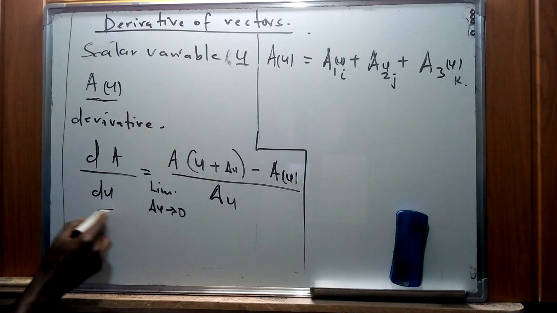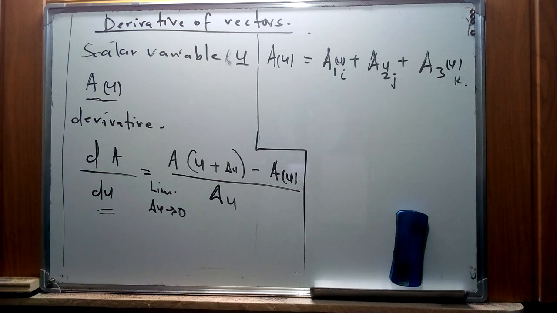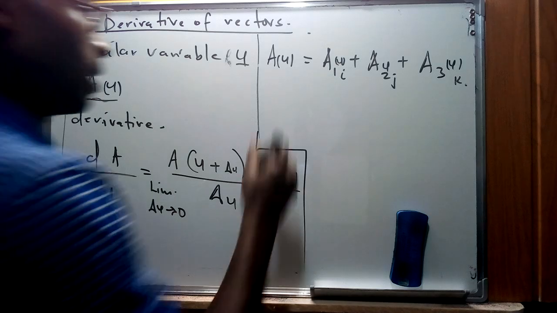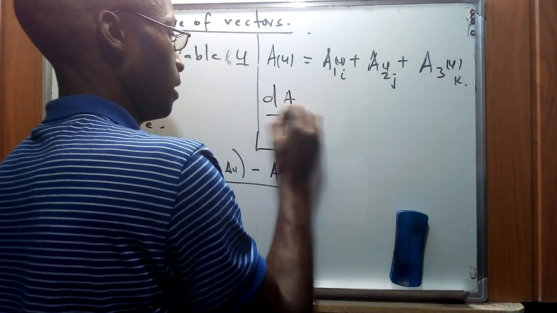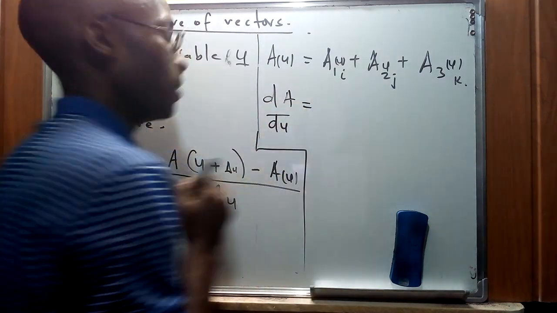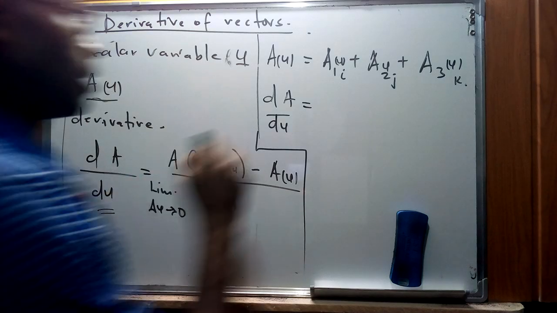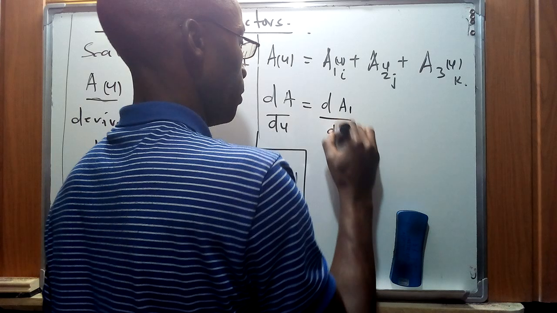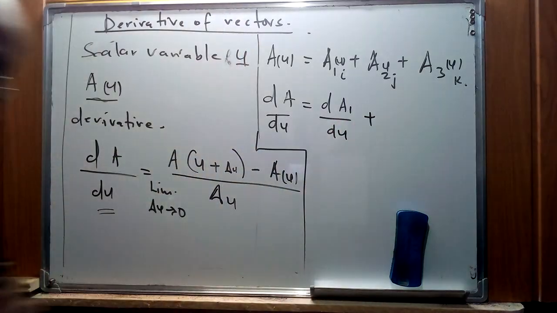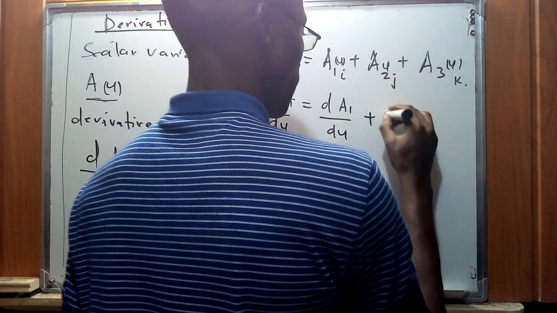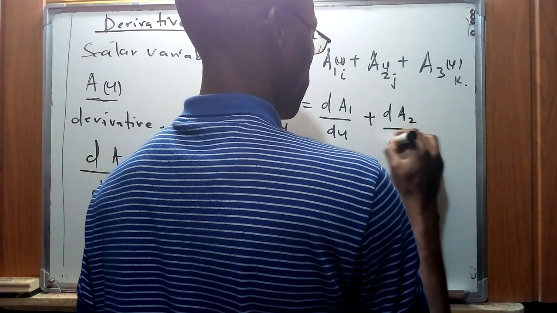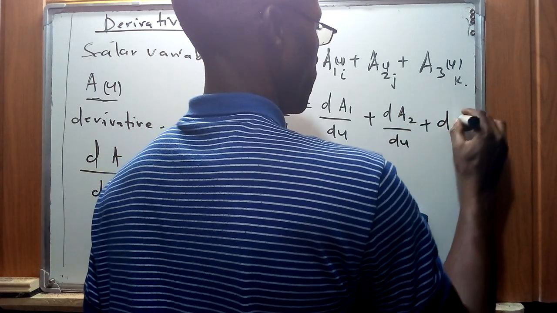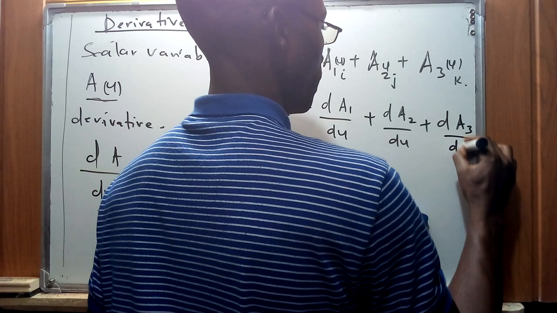Therefore, as we have defined the derivative for this specific function, we can have a general representation for dA over du represented as dA1 over du plus dA2 over du plus dA3 over du.